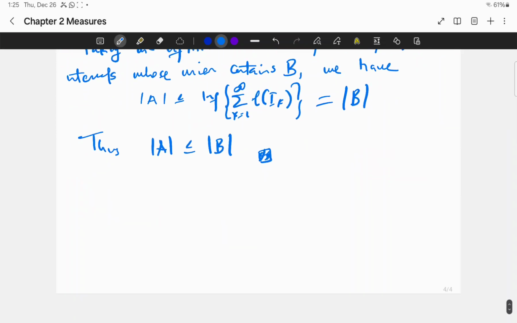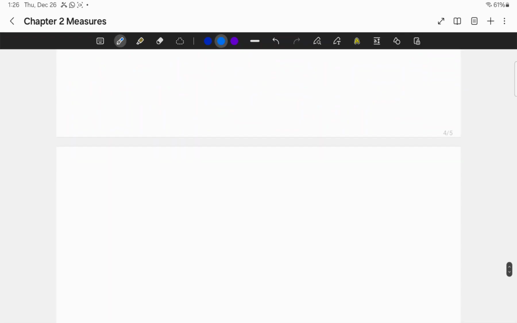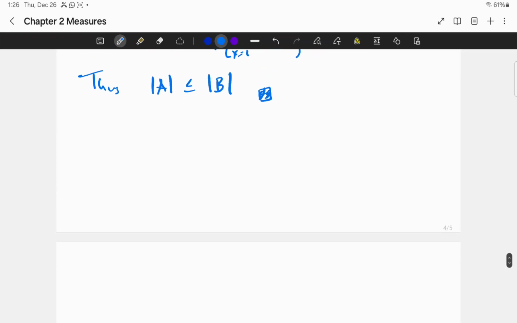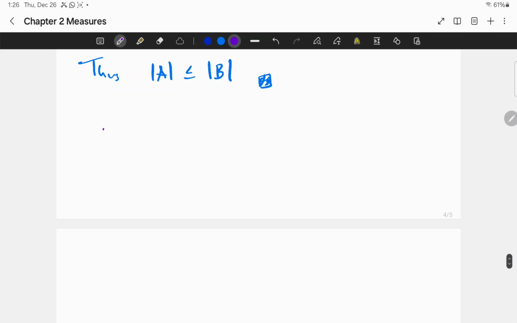So another thing is that we expect the size of a subset of R should not change if the set is shifted to the right or to the left. For example, intuitively, if we have an interval from 2 to 4, then the size of this closed interval is just 2.